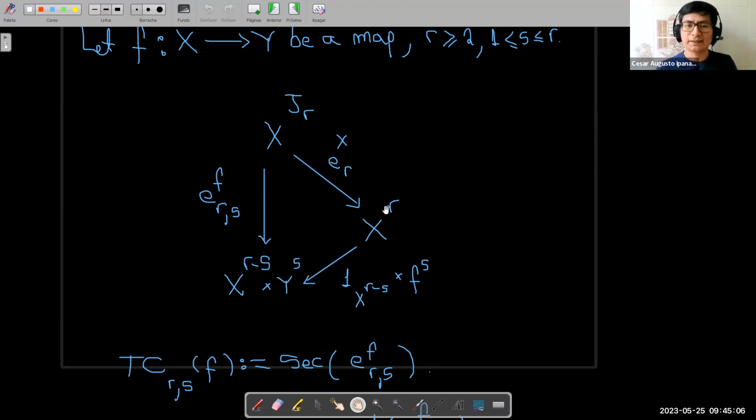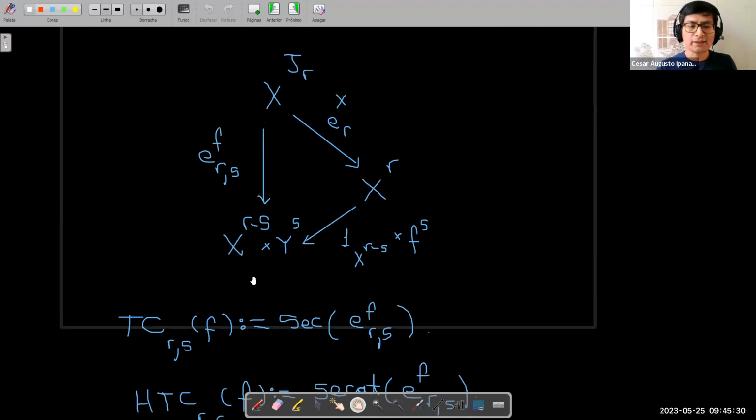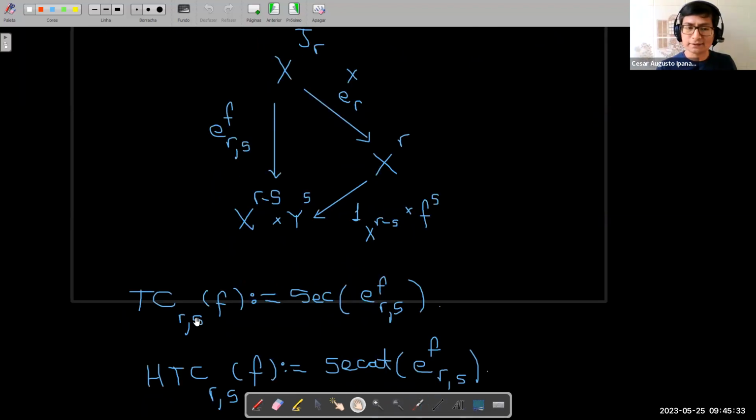Recall that the sectional category of this map is the higher topological complexity of Rudyak. We consider here composition with this product, the identity times F_s. This map we denote by A_F^{r,s}, and we define the topological complexity TC_{r,s} of F by the sectional number of this composition.